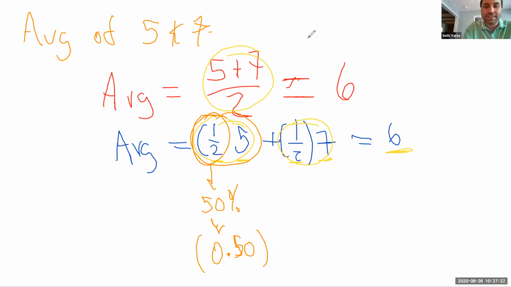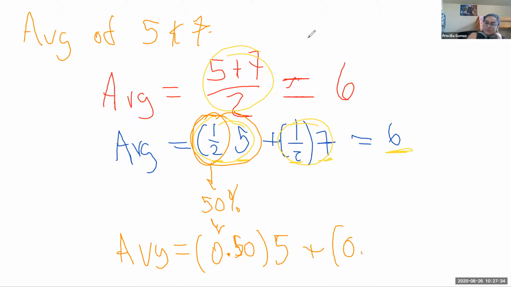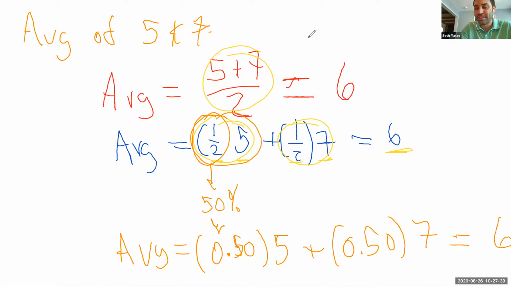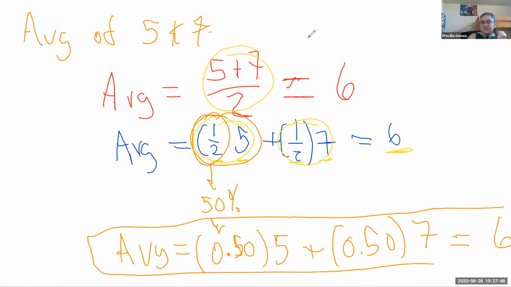So I could rewrite this equation as 50% or 0.5 times 5 plus 0.5 times 7, and that would still equal 6. That's the same exact thing as saying half times 5 plus half times 7 is equal to 6.